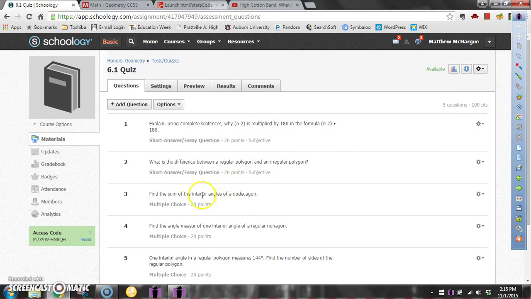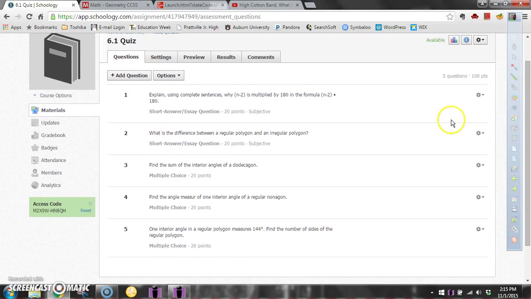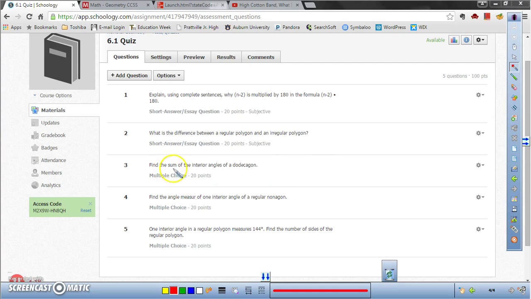Okay, find the sum of the interior angles of a dodecagon. First of all, we have to know what a dodecagon is and how many sides it has. A dodecagon has 12 sides, and I have a formula that allows me to find the sum of the interior angles. That was the formula we were talking about in number one.